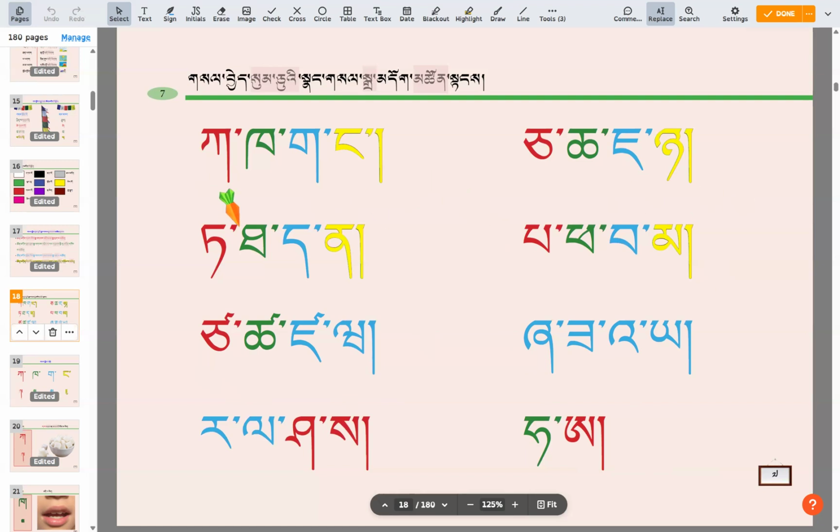So, ka, ka, ka, nga, cha, cha, cha, nya, ta, ta, ta, na, pa, pa, pa, ma, za, ca, ca, wa, sha, sa, a, ya, ra, la, sha, sa, ha, a.